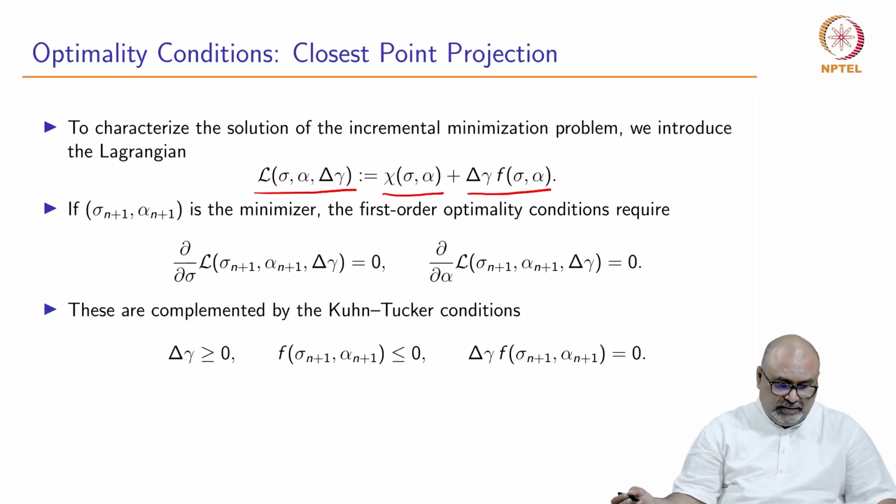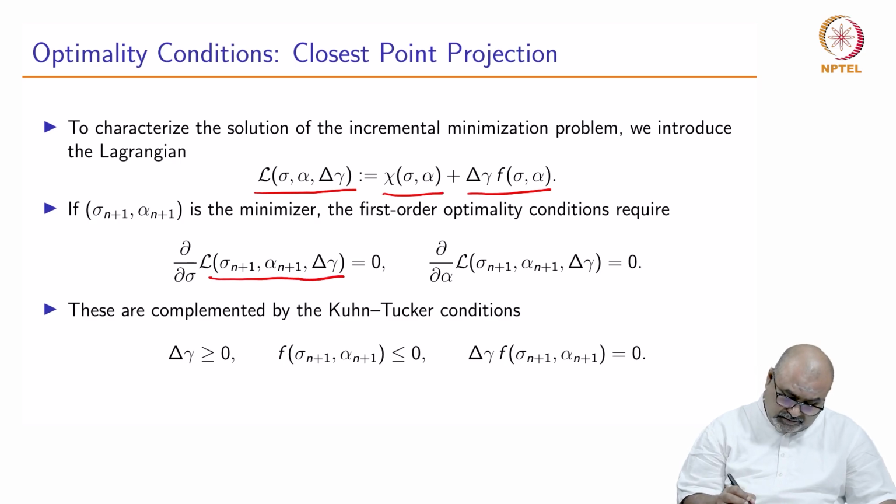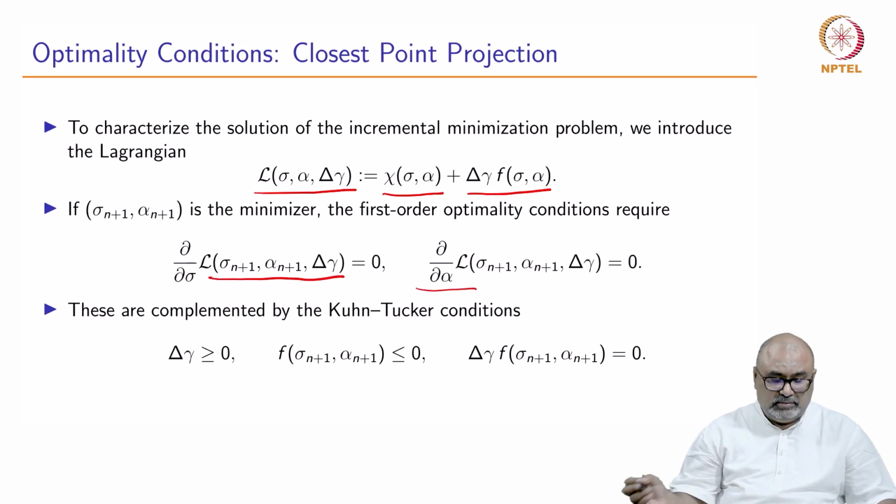Now, sigma n plus 1 and alpha n plus 1 are the new values and are a minimizer. The first order optimization condition requires that the change in this Lagrangian with respect to sigma and with respect to alpha must be equal to 0.